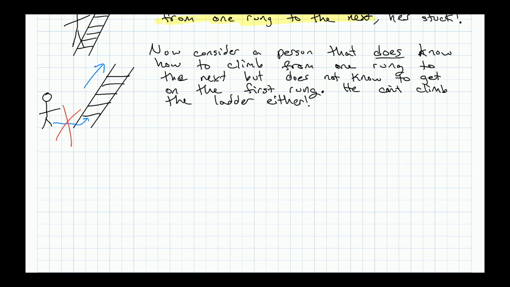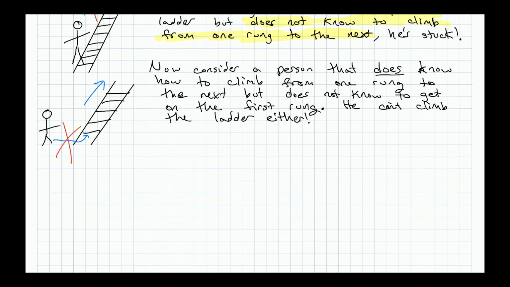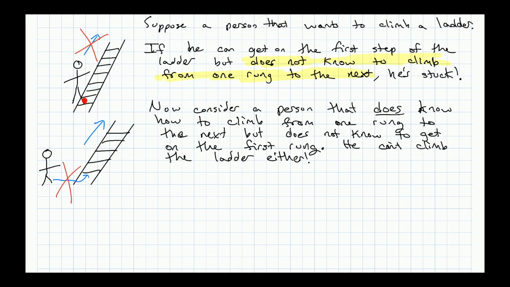So either way, you've got a guy who can't climb the ladder because either he does not know how to get on the ladder, which is this guy, or you have a guy who knows how to get on the ladder like this, but does not know how to go up the ladder. This guy could go up the ladder, but he's not on the ladder. So in both of these cases, you would not be able to climb the ladder.